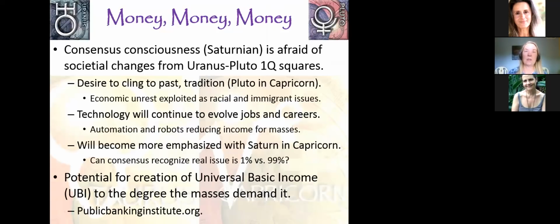The consensus state of consciousness, the approximately 7 out of 10 souls on planet Earth, any race, any country, is very Saturnian. And so they are afraid of these societal changes. And there's a big pushback from these Uranus-Pluto squares.